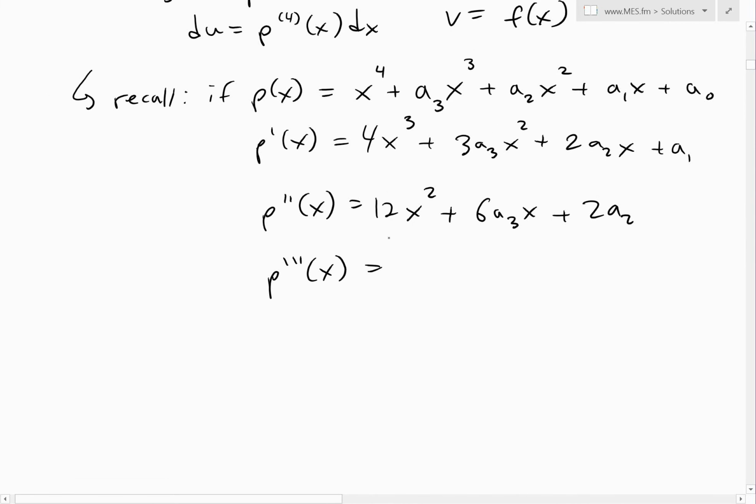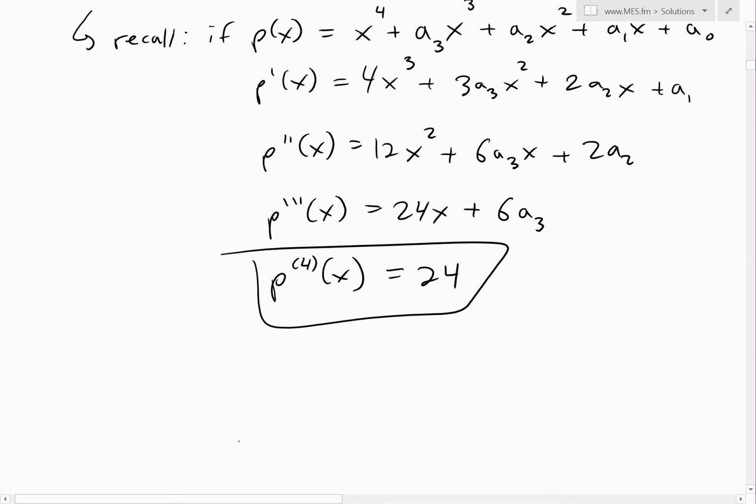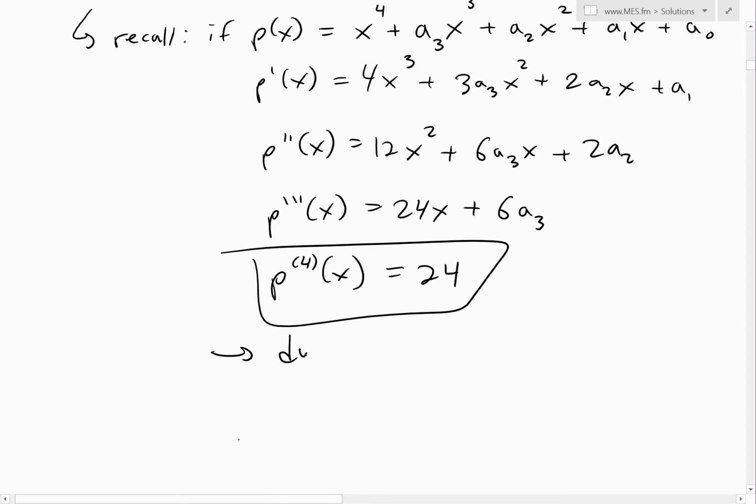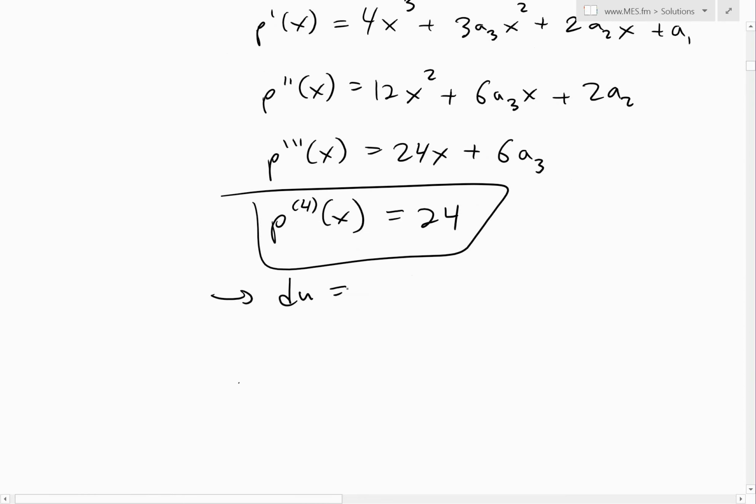This is going to be 24x plus 6a3, and then the last time, the fourth derivative, this just equals 24. Thus what we have is our du above, the fourth derivative of p of x, just equals 24 dx. So that's all it is.